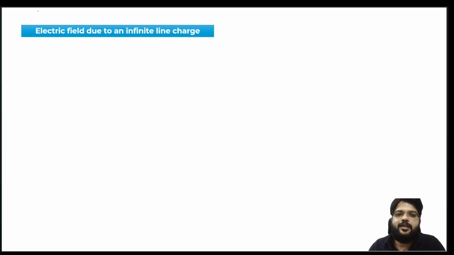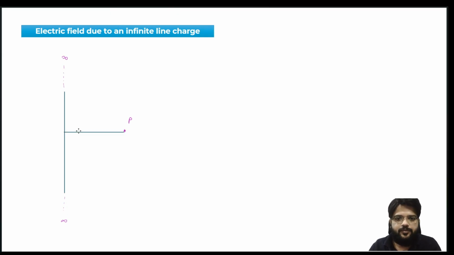Now let's see the next case, everyone: electric field due to an infinite line charge. Right now we have an infinite rod, and due to this rod we want the electric field at this P point. First of all, we will draw one perpendicular from P to this rod. Let's suppose this perpendicular distance is d, and it is making 90 degree.